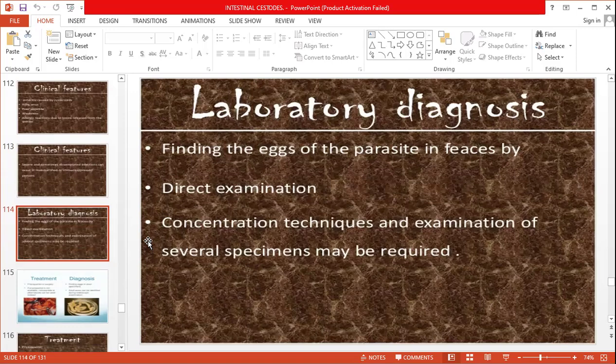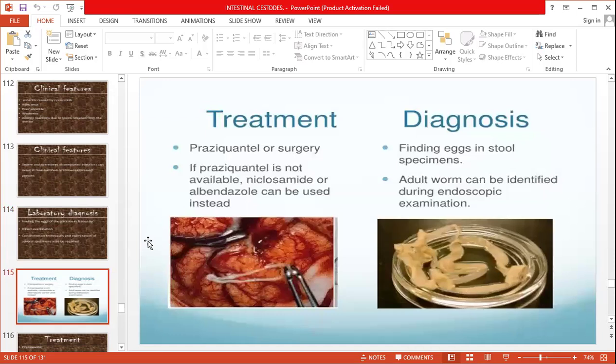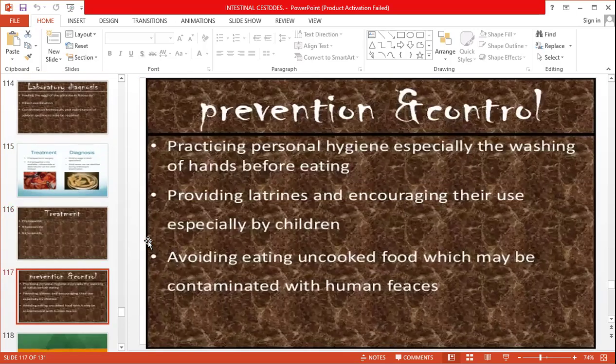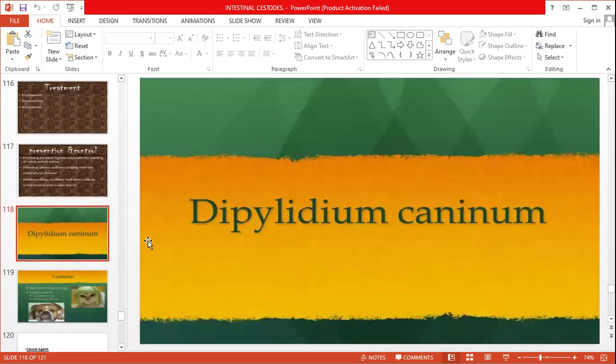Diagnosis is by finding the egg or parasite species by direct examination or concentration technique. Treatment is praziquantel and niclosamide. Prevention: practice personal hygiene, especially washing hands before eating, provide latrines and encourage their use, especially by children, and avoid eating uncooked food which may be contaminated with human feces.